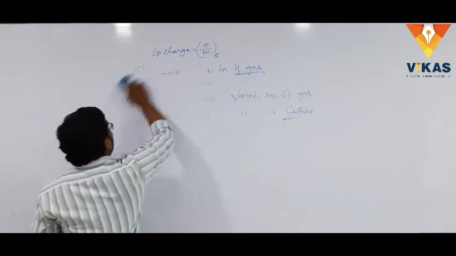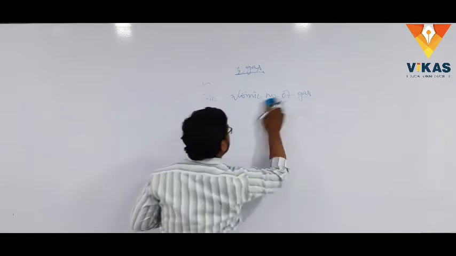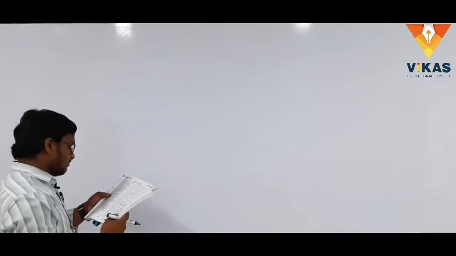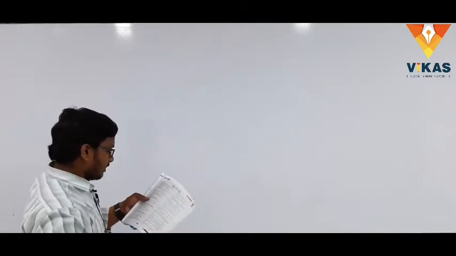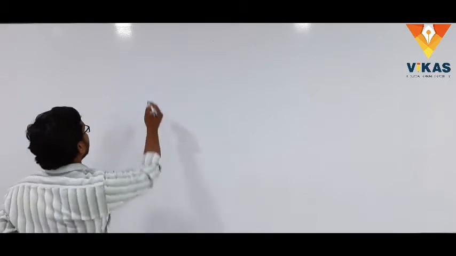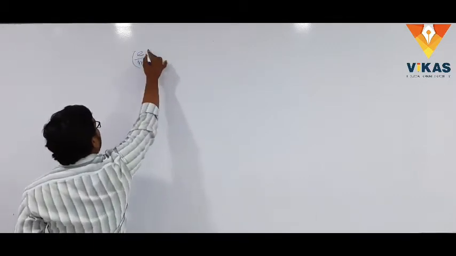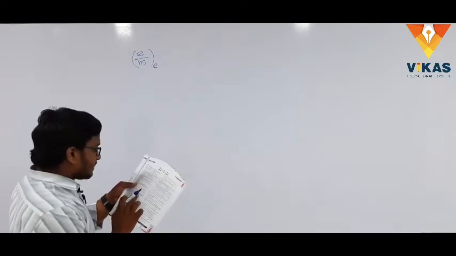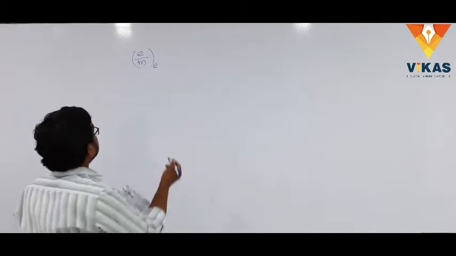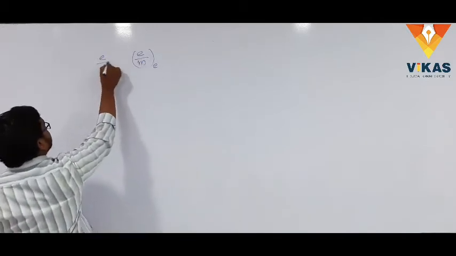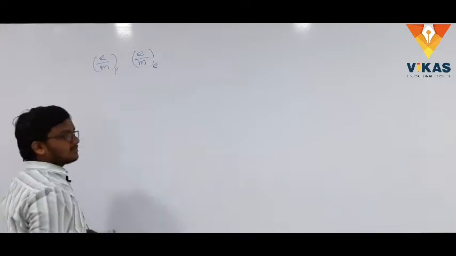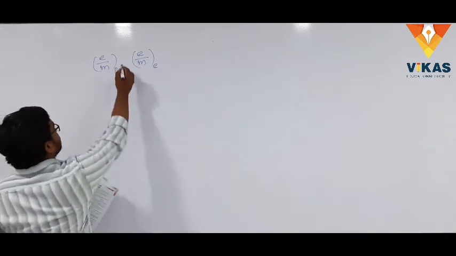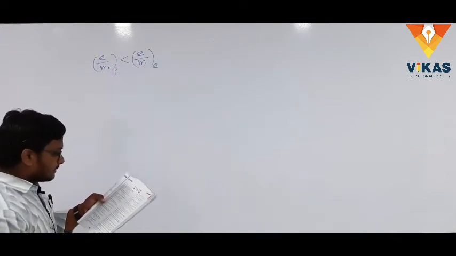And we go to the next question. The specific charge for positive rays is much less than the specific charge of cathode rays. This is because, they are asking the reason why. Specific charge of cathode rays, which means that of the electrons, and specific charge of positive rays, which means the charge to mass ratio of protons, is much less than the specific charge of cathode rays.